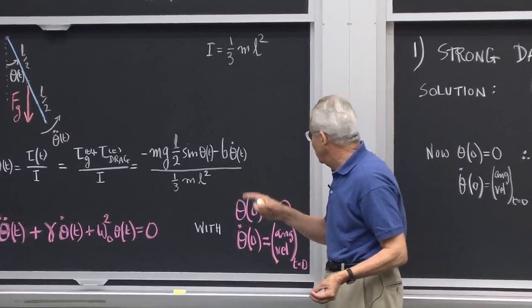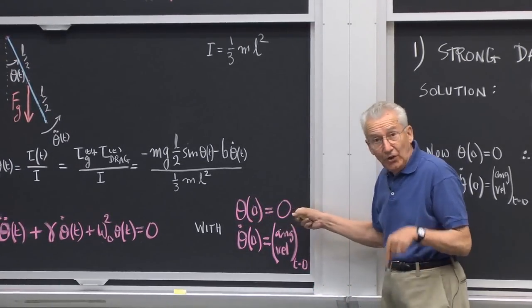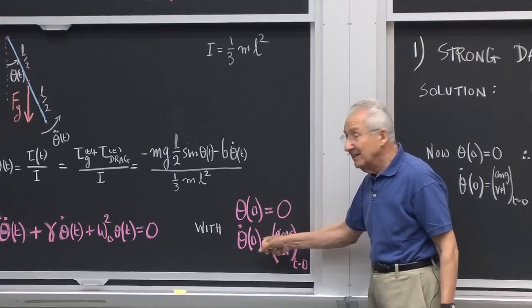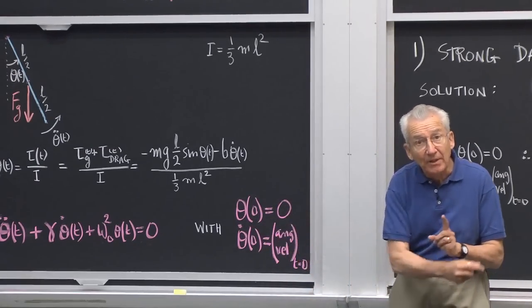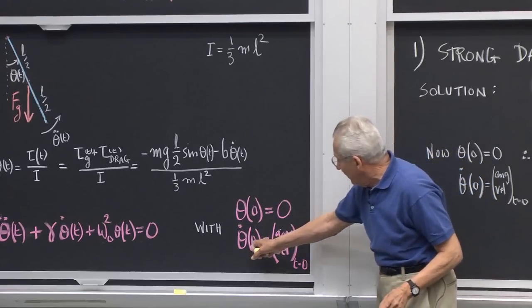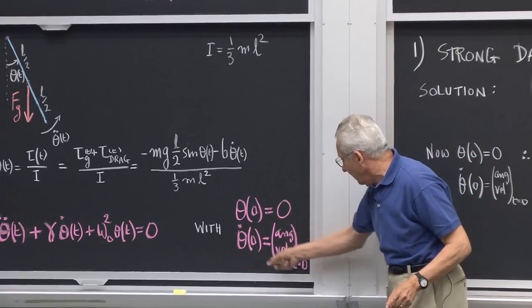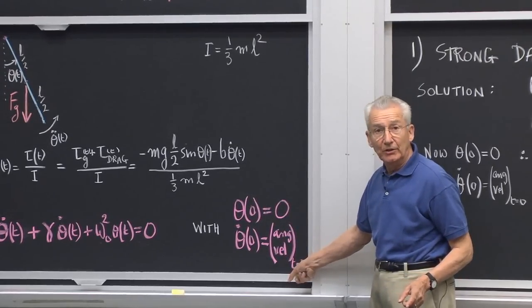At t equals 0, we said the rod was vertical, so theta of 0 is 0. And we also said that at that instant there was an impulse given to the rod, and so its angular velocity at t equals 0 was this number.